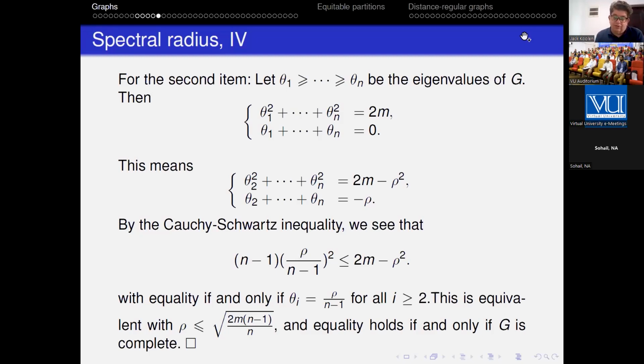That's not difficult to see. You calculate a little bit, and then you see easily that it is true. And if equality holds, then you have only at most two distinct eigenvalues. Then theta 2 up to theta n should all be minus rho over n minus 1.